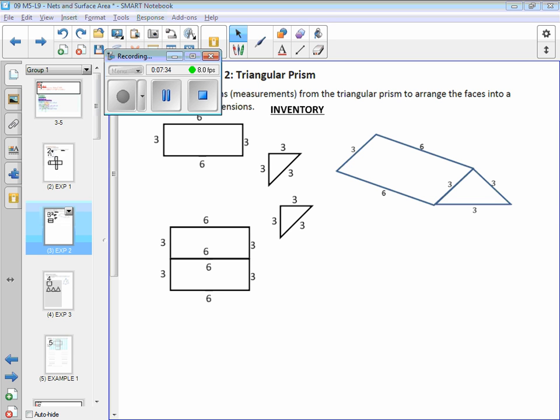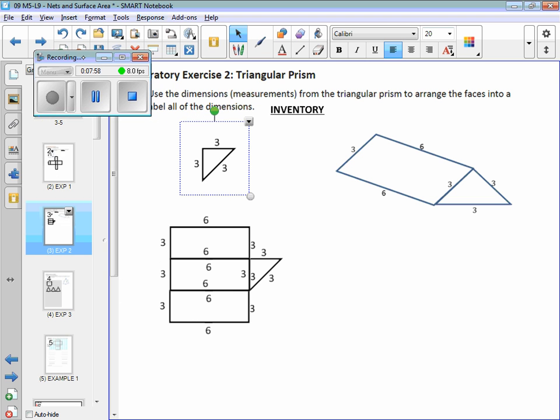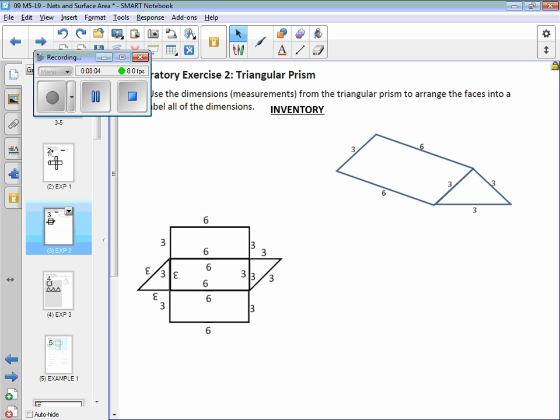So you wind up with this here, and then just attach your 2 triangles on opposite sides, and you'll have it. And the numbers are going to flip with it, but that's okay. And that'll work.